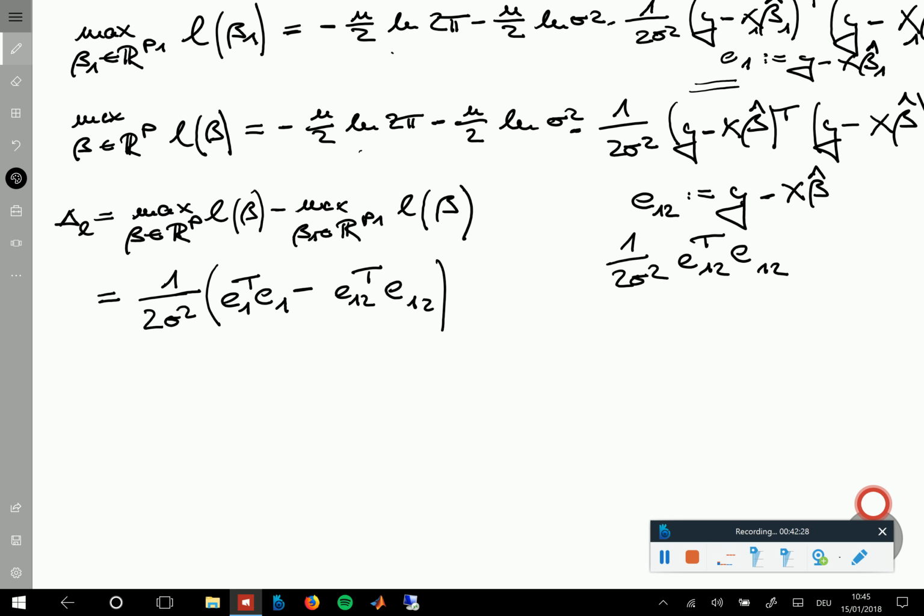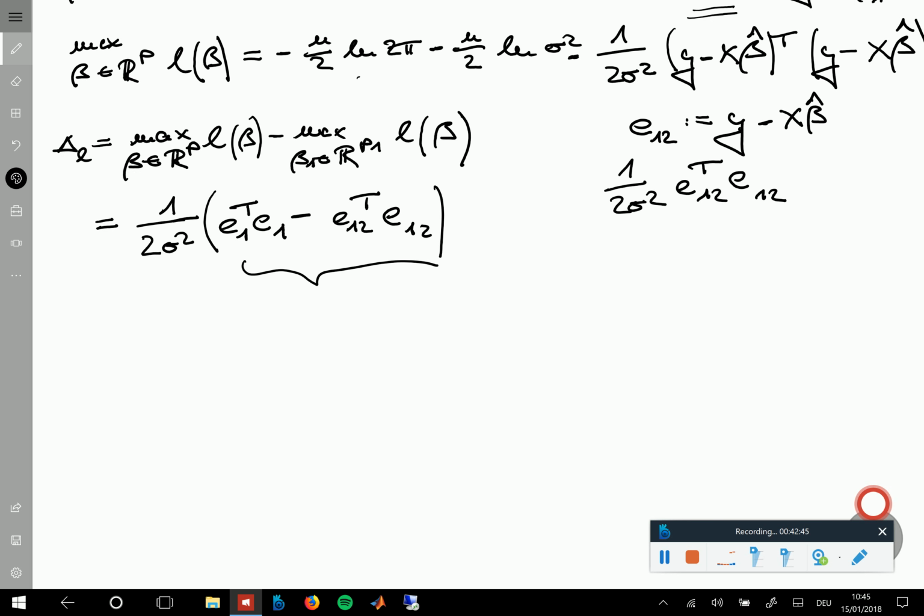So our log likelihood difference criterion for the two models that we're interested in comparing, namely the nested model and the full model, comes down to a difference of, if you want to call it, the residual sum of squares under the reduced model minus the residual sum of squares under the full model.